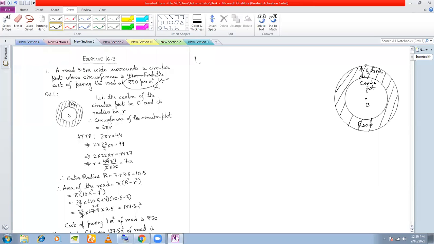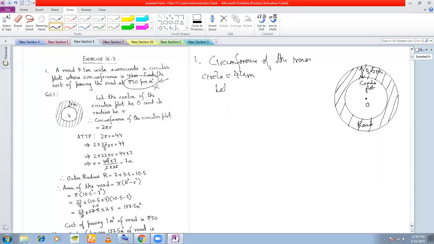But the inner radius is also not given and the outer radius is also not given. Instead of the inner and outer radius, what is given to you is the circumference of this unshaded circle. Okay. So the circumference of the inner circle is equal to 44 meters, given.